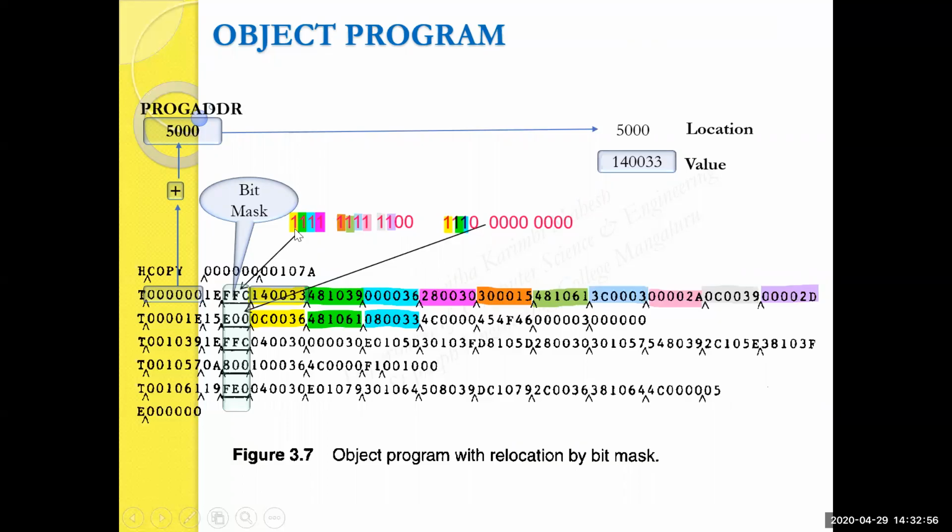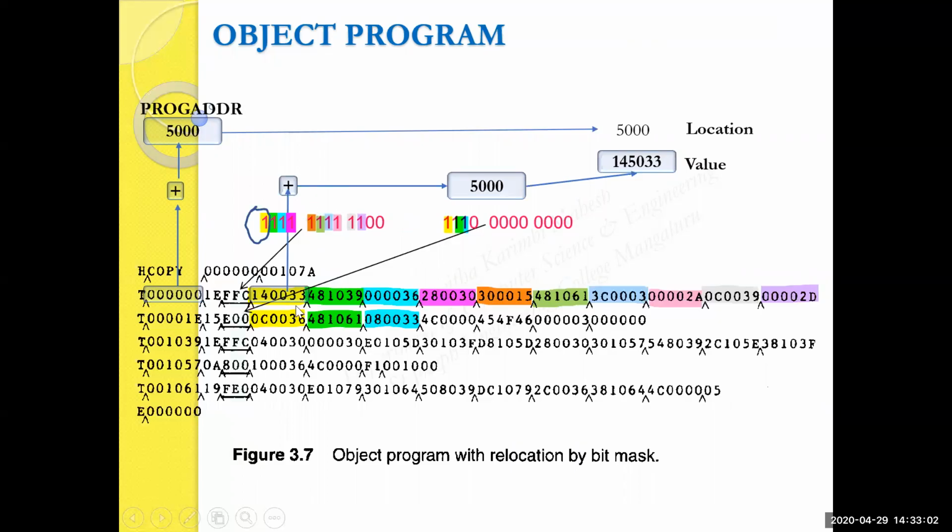However, here the relocation bit for the first instruction is 1, so we have to add the program address to 140033, and thereby the object code after the load at the location 5000 is 145033. This is repeated for every instruction which has the relocation bit set to 1.